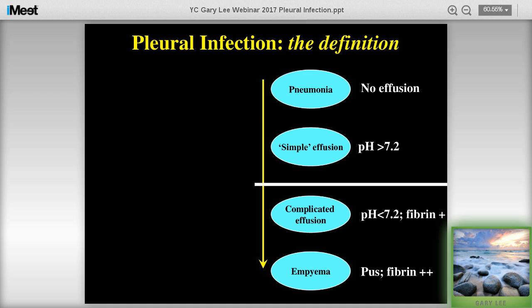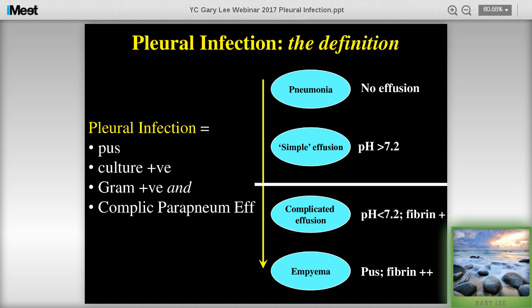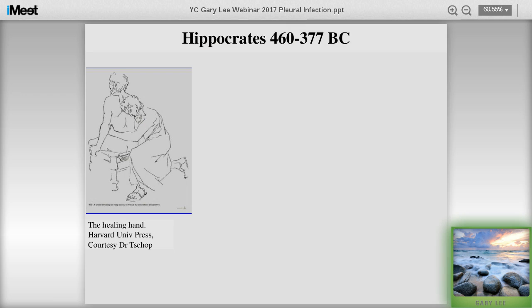It draws a line at this point and encompasses all the complicated parapneumonic effusions and empyemas. So pleural infection means pus, pleural fluid that is culture or Gram stain positive for organisms, and all the complicated parapneumonic effusions.